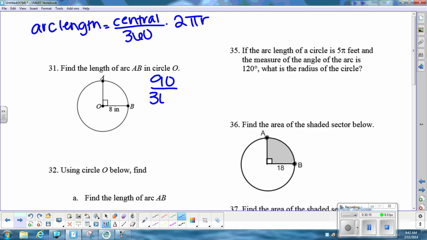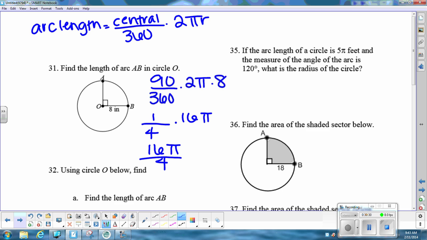Divide that by 360 times 2 pi. Our radius is 8. Simplify this a little bit. So we have 1/4 times 16 pi, so that's 16 pi over 4. So our answer here is 4 pi, and then make sure we include our units. So our answer is 4 pi inches.